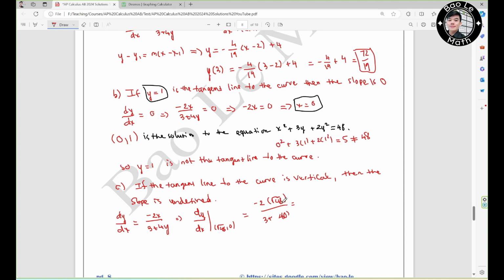Root 48 is equal to root of 16 times 3, and the square root of 16 outside is going to be 4. So it would be negative 8 root 3 over 3. But this one is not undefined. So there is no vertical tangent line to the curve at (root 48, 0).